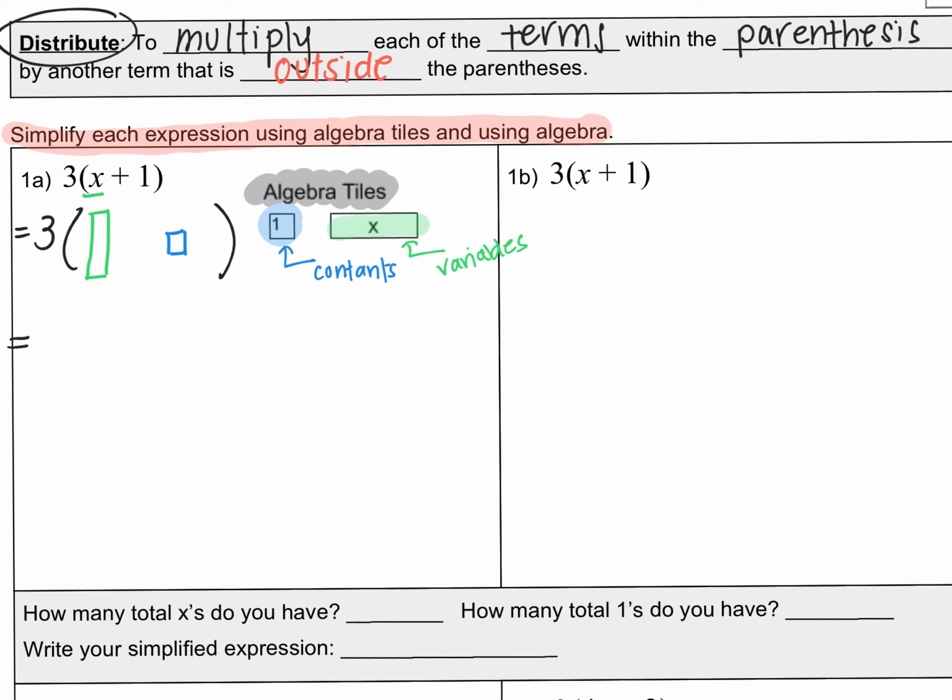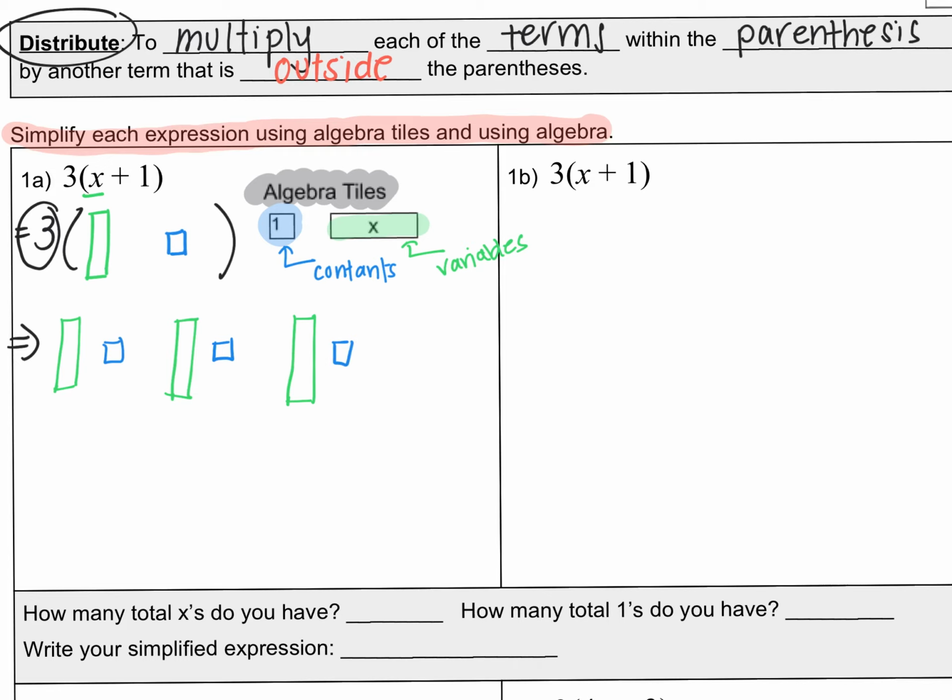It says here that I have 3 of these, so I'm going to redraw these 3 times. I have one x piece and one ones piece. I have another one x piece and one ones piece. I have another one x piece and another ones piece.